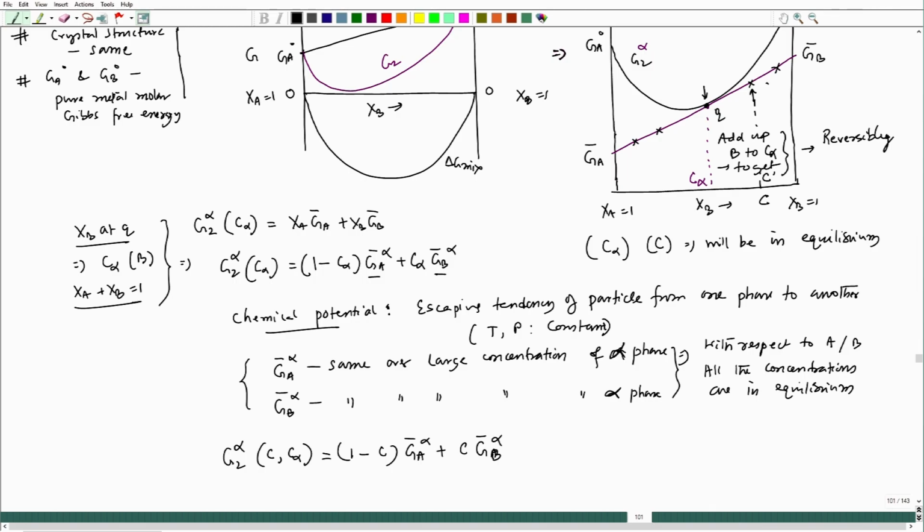Okay. So, this particular thing happens when composition is changed from C alpha to C by adding B reversibly.